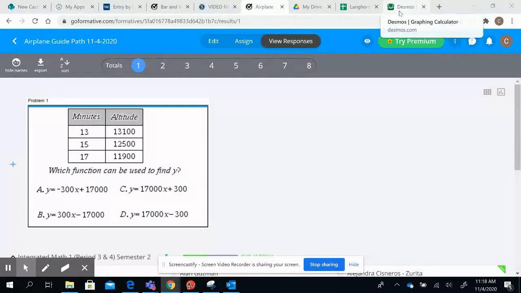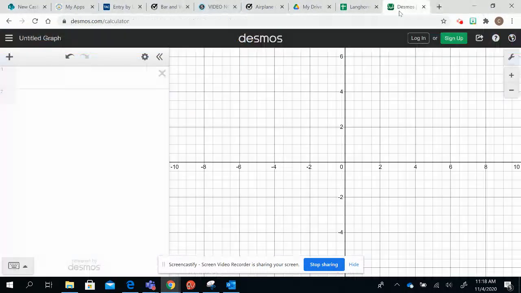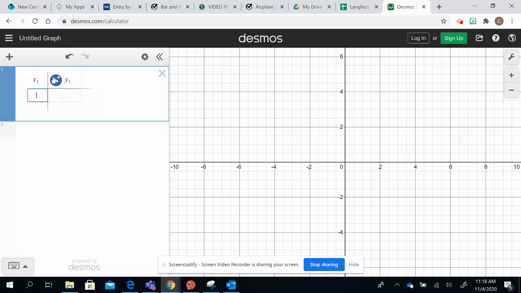I'm just going to go into Desmos. I'm going to use the values that we're given. So in Desmos, I'm going to type table. And then I know I was given 13, 15, and 17.